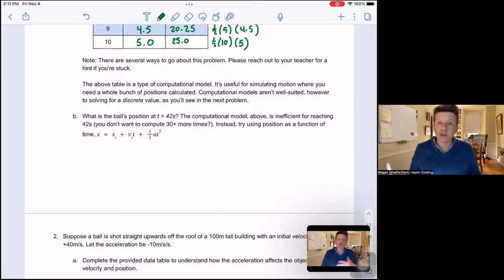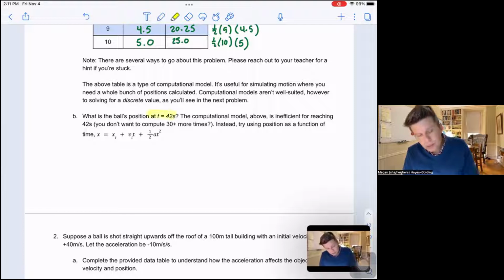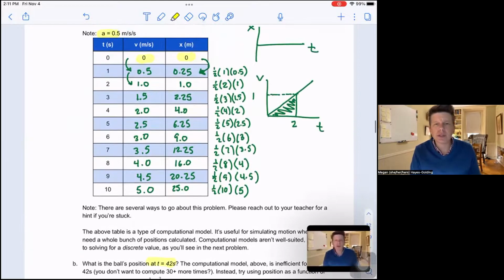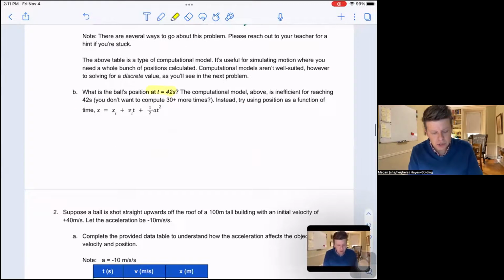It describes general trends. So if I was to ask you what the ball's position was at 42 seconds, the model we've created so far would be really time consuming to answer that question, right? I'd have to carry out this data table all the way to 42 seconds. I guess I could skip to the 42nd row and just do that calculation.